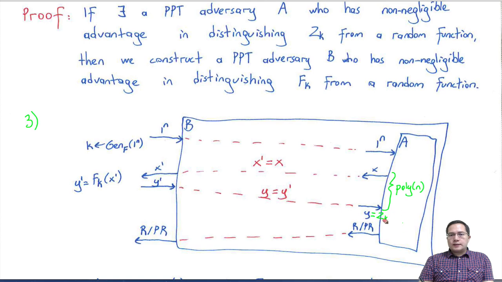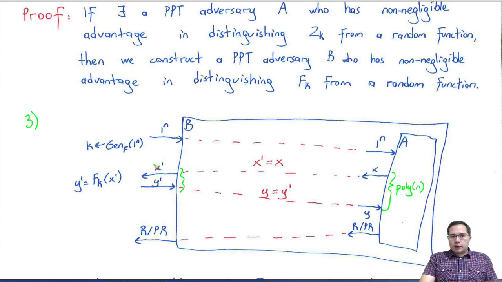Now, what's the game B is playing here? B is trying to break F. So this is the game for F. For F, again, this is a PRF distinguishing game. B is given a security parameter. B can ask, again, polynomially many queries to its challenger.